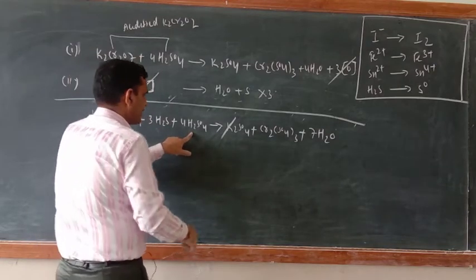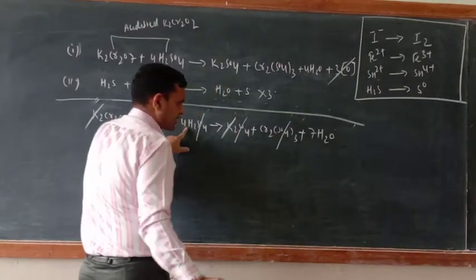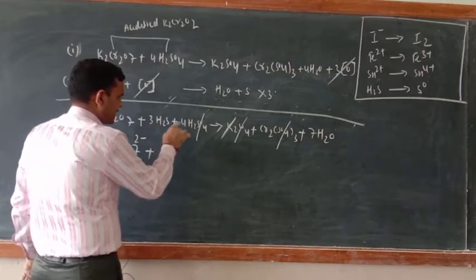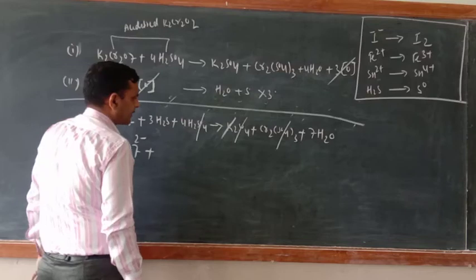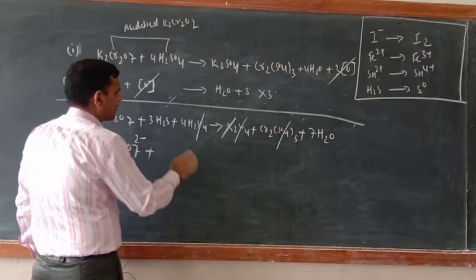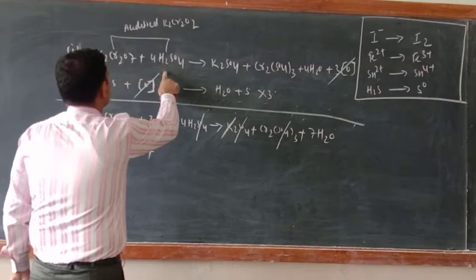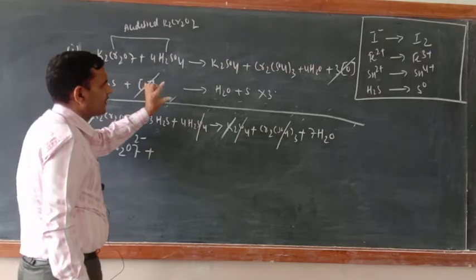So first you cancel out the sulfate ions, 3 sulfate ions and 4 sulfate ions. Now check what is left. Only 4 H2SO4 is there somewhere.